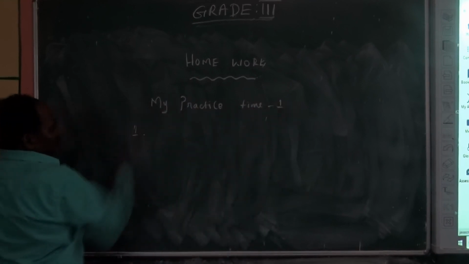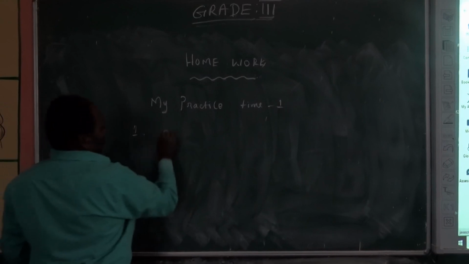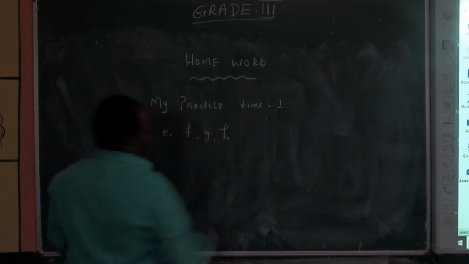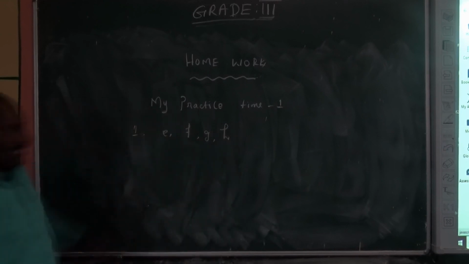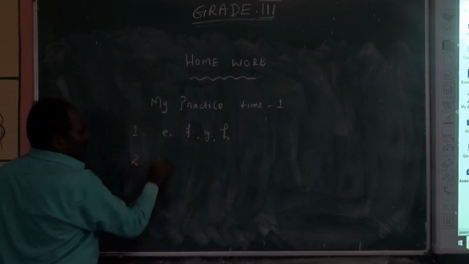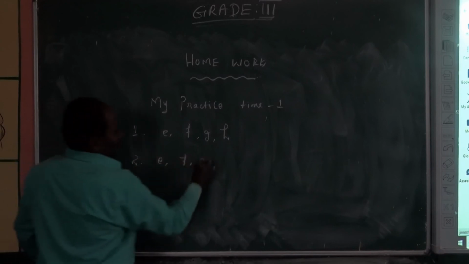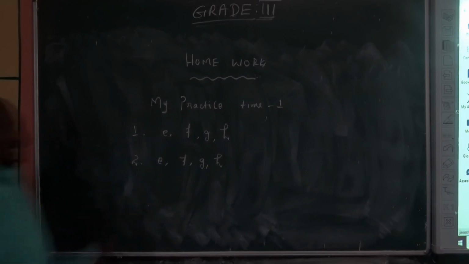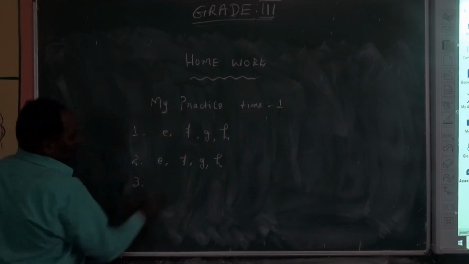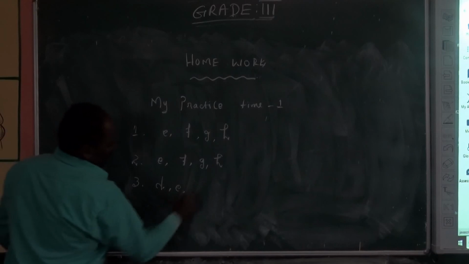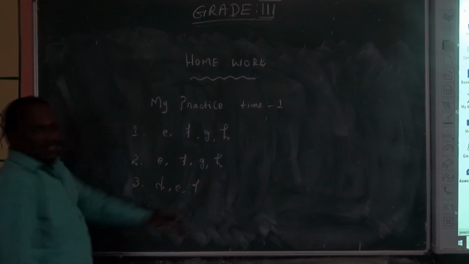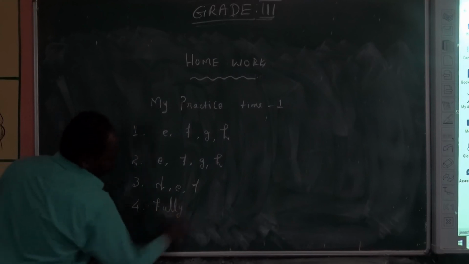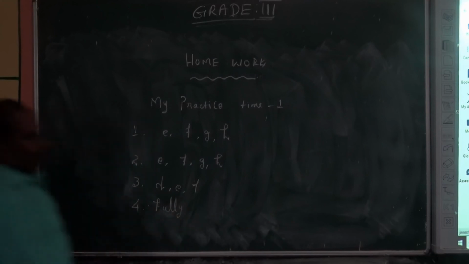The first Roman: E, F, G, H. Second Roman also E, F, G, H. Then third Roman: D, E, F. Fourth Roman fully. Page number 36.